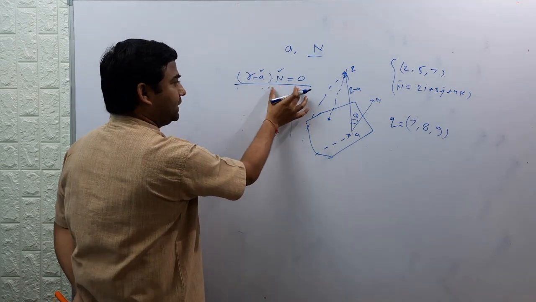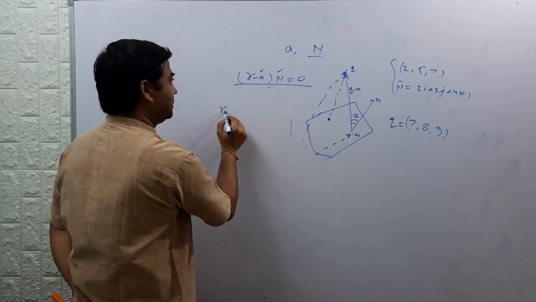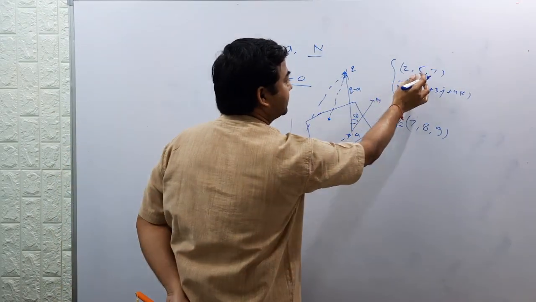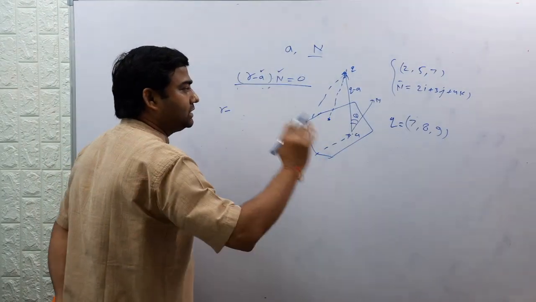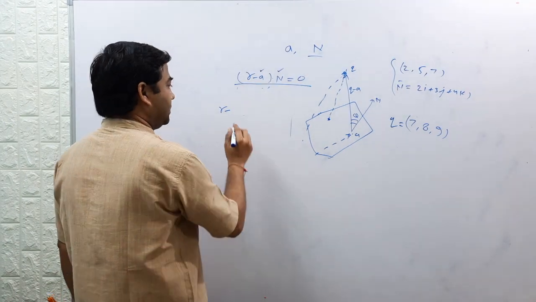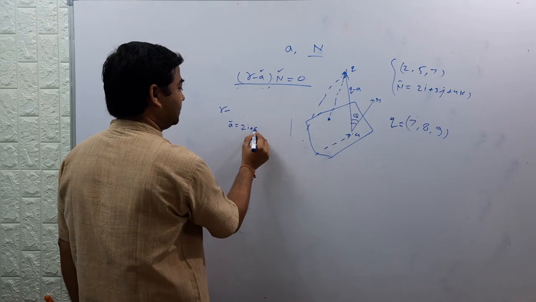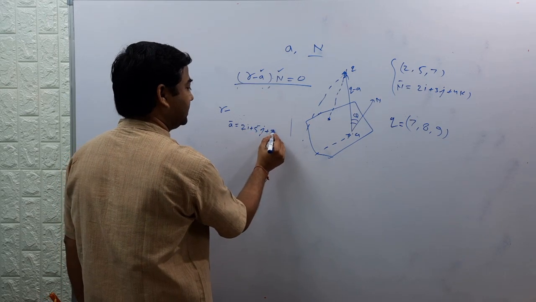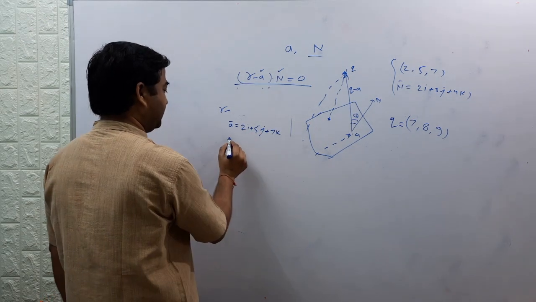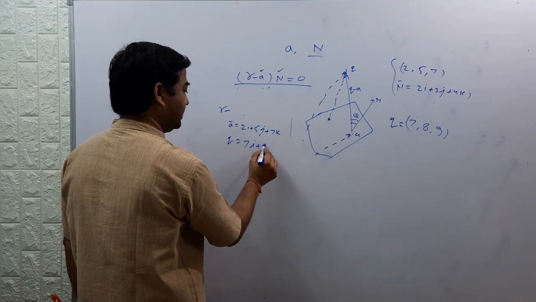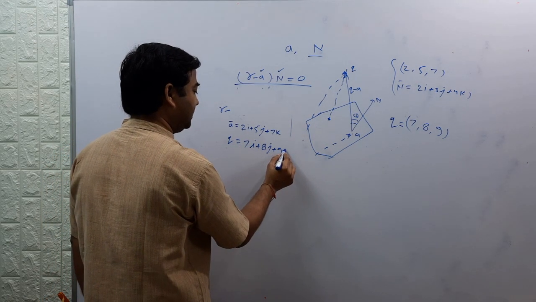So the equation of the plane is R minus A, where A is the point through which the plane is passing. So vector A is 2i plus 5j plus 7k. Vector Q is 7i plus 8j plus 9k.